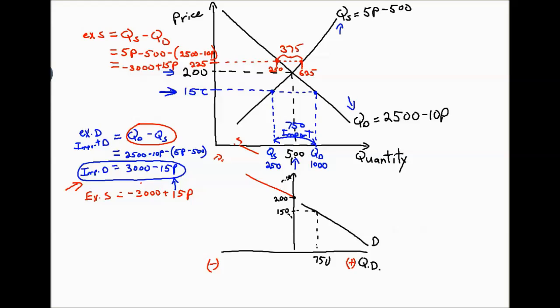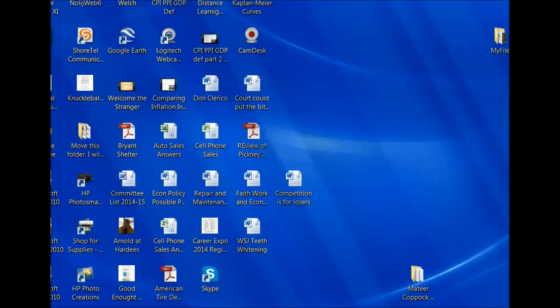Now let's see if that's what our excess supply equation gives us. The excess supply equation says it should be 15 times 225, and then we subtract from that 3,000, and I get 375. That's exactly right.